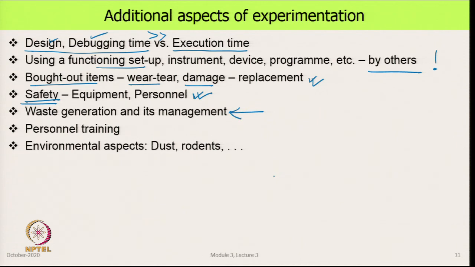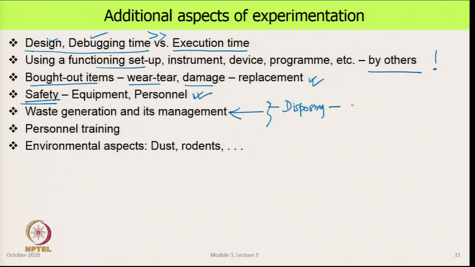Something which we have not looked at too much detail, we hardly talk about it, is waste generation and its management. Many experiments will generate a lot of what you may call waste. Solid waste, liquid waste, of course gaseous waste will go into the atmosphere as pollution. But there is some waste, where first we should have a systematic way of disposing it.